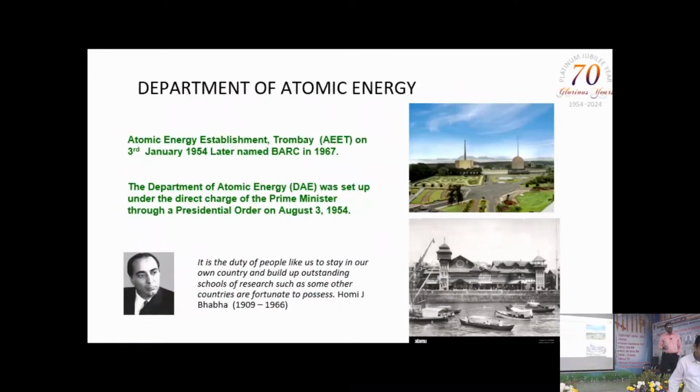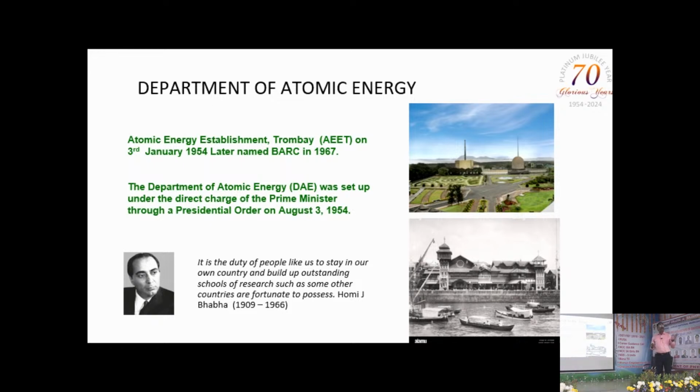So, this is the 70th year of the Department of Atomic Energy. We have contributed to this country, and we are celebrating 70 years both for the Department of Atomic Energy as well as BARC, which was earlier called Atomic Energy Establishment at Trombay.